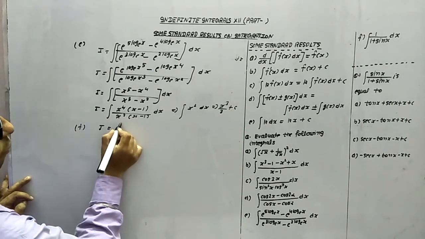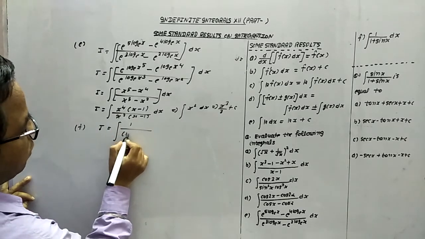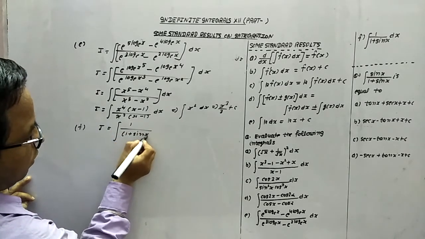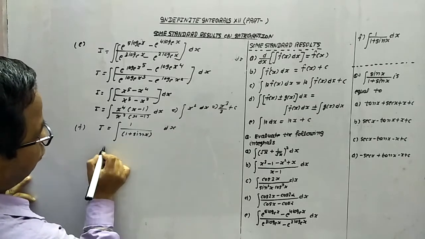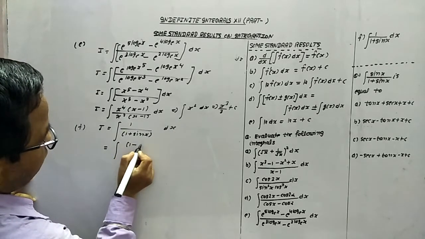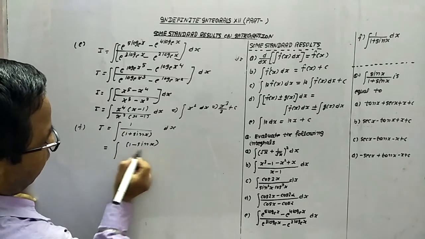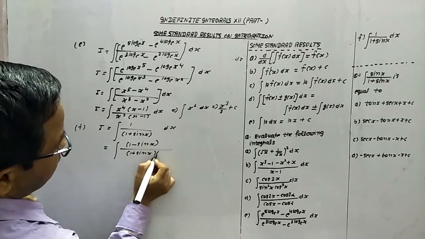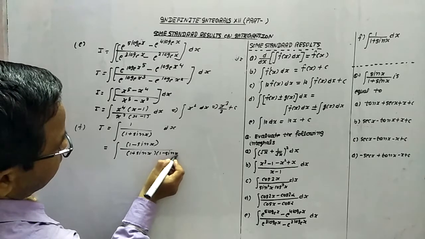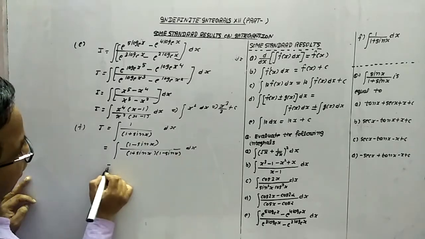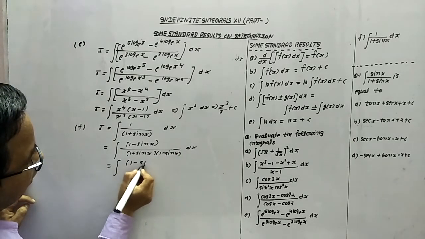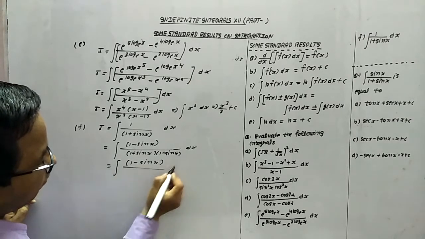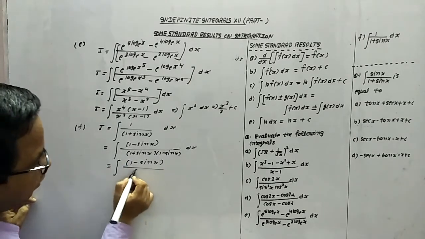Now look at part F. We have the integration of 1 upon 1 plus sin x, dx. For this, first of all, you will do the rationalization: multiply by 1 minus sin x upon 1 minus sin x, so 1 plus sin x into 1 minus sin x in the denominator. Now the denominator is 1 minus sin square x.